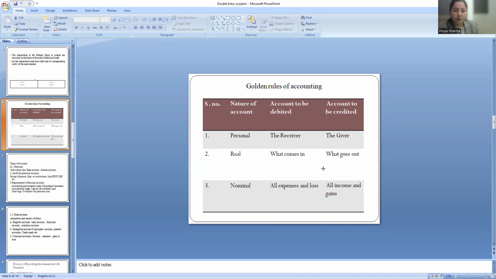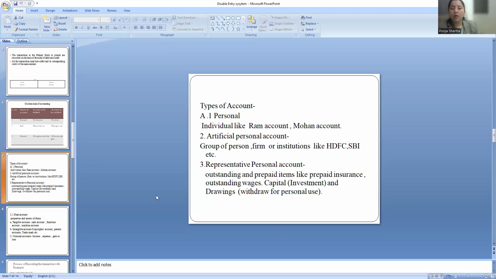You can write the name of a person, a company, or an institute, like a bank, HUL, or L&T. If the name of a company or a person comes in the transaction, you will see the rule of the personal account to debit and credit the transaction.